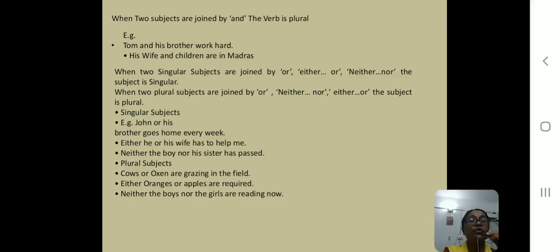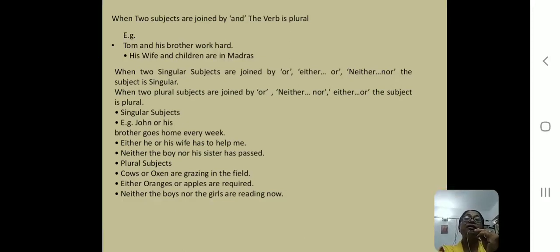Now there are some rules which we have to follow when we write a sentence. In English, we have to follow some rules, and let us see what those rules are. First one: when two subjects are joined by and, the verb is plural.